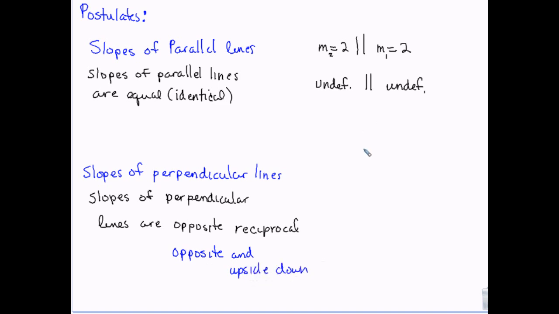So if we're talking about a slope that's 3, it's going to be perpendicular to negative 1/3. Negative 2/3 would be perpendicular to positive 3/2. 1/2 would be perpendicular to negative 2. Undefined is perpendicular to 0.